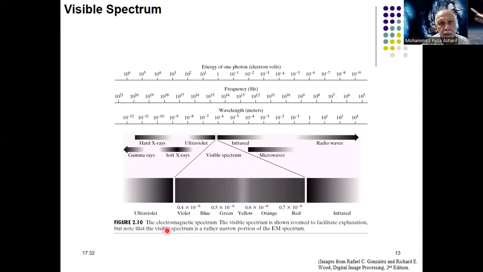It is the electromagnetic spectrum, because light is also an electromagnetic wave, so that's why we say the visible spectrum is shown. The zoom facilitates explanation, but the visible spectrum is a rather narrow portion of the electromagnetic spectrum.